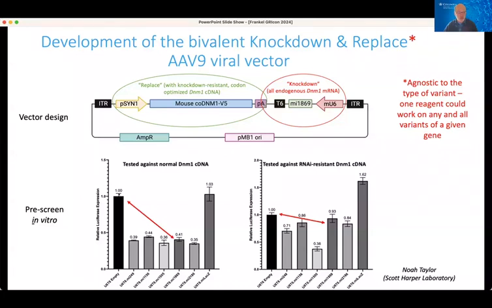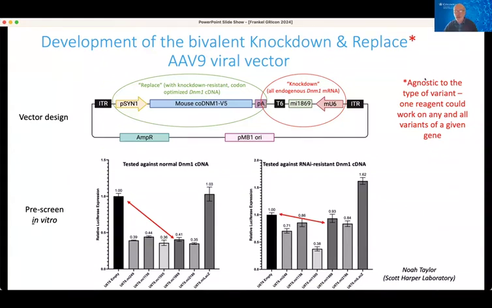And this just shows Scott's lab pre-screening of this vector in vitro against a normal wild-type cDNA, and it knocks down the amount significantly, whereas it doesn't really touch the RNAi resistant cDNA that we have in here. So that's the approach we're taking.